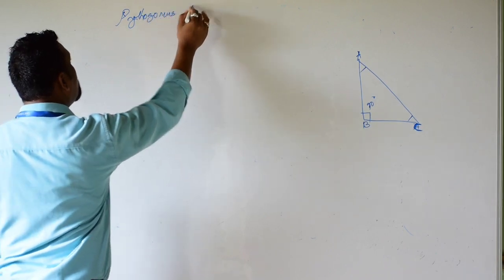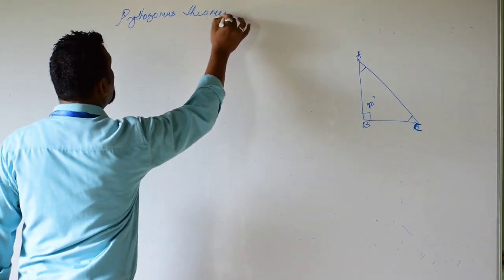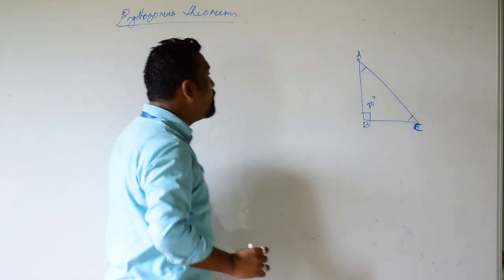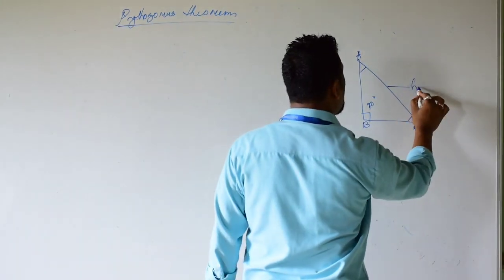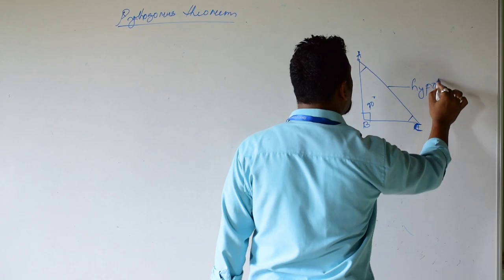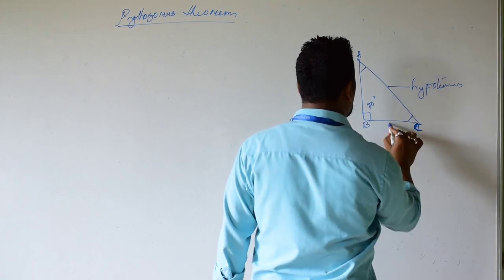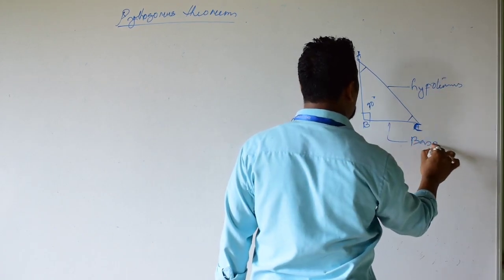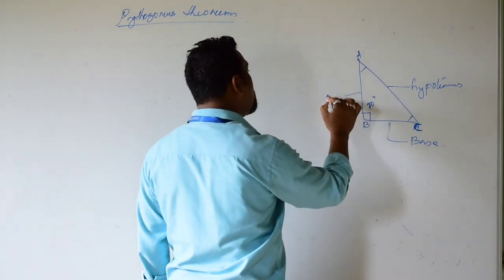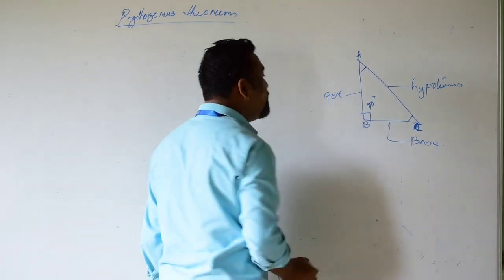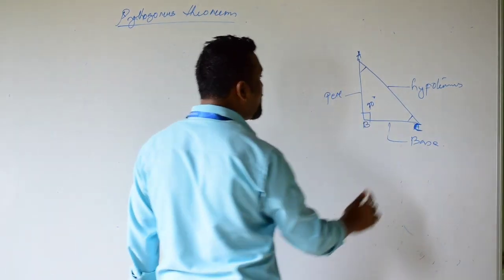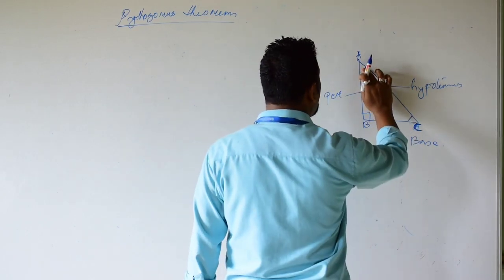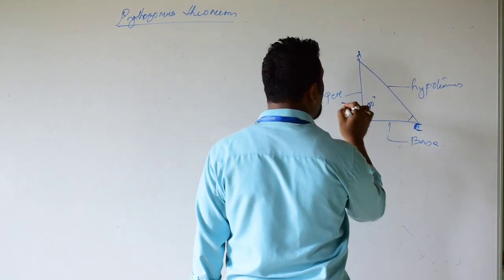So the Pythagoras theorem is a very easy thing. This is the hypotenuse, like we told you earlier. This one we call the base, and this one we call the perpendicular, depending on the angle that we are taking. If I am taking angle C, then the base will be this one and the perpendicular will be this one.